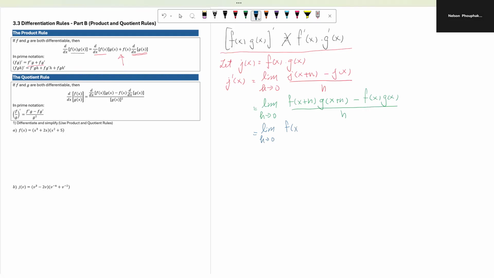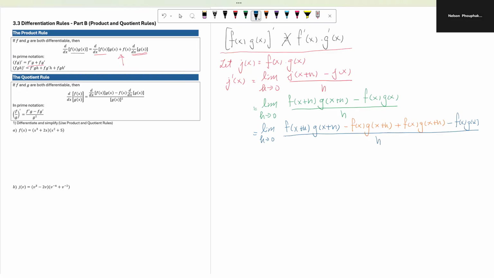So I will subtract f of x times g of x plus h, and add it back, and then f of x times g of x, all over h.